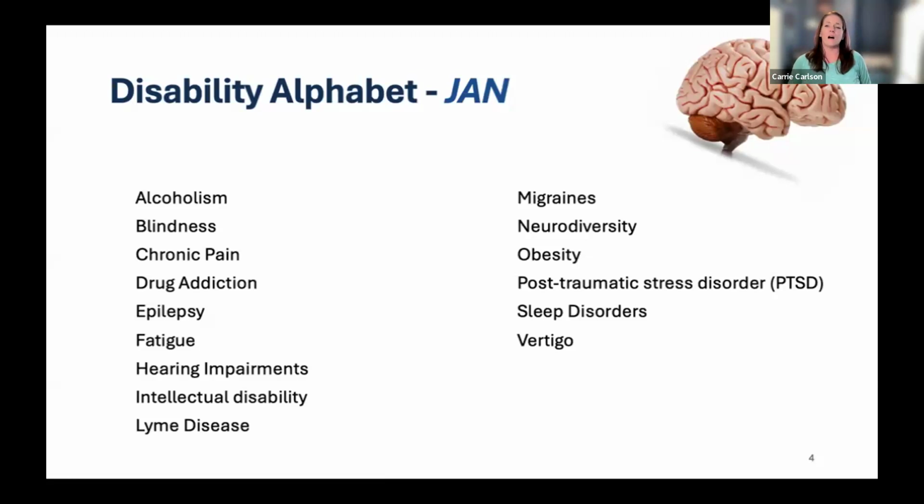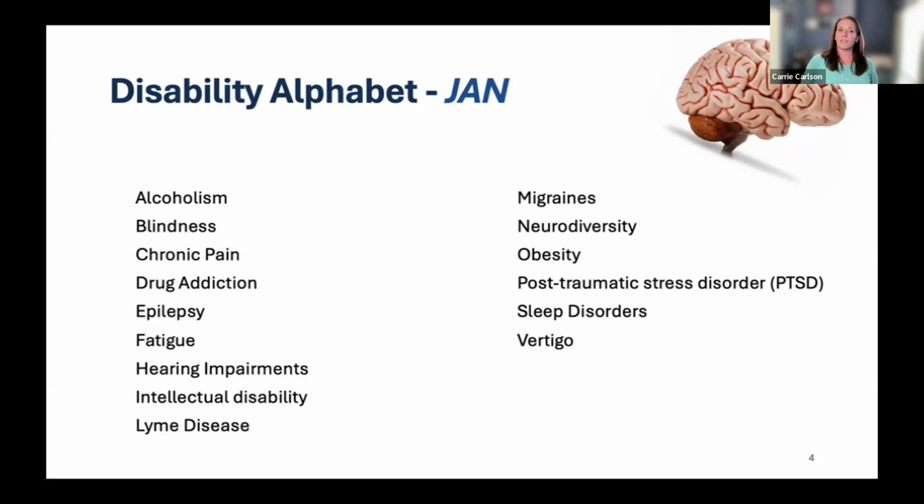These are not all of them, right? I could have just continued to go on with this, but these are all disabilities that can be associated with and/or can be a cause, maybe a symptom, maybe something acquired because of a brain injury, or a brain injury is acquired because of the disability, right?